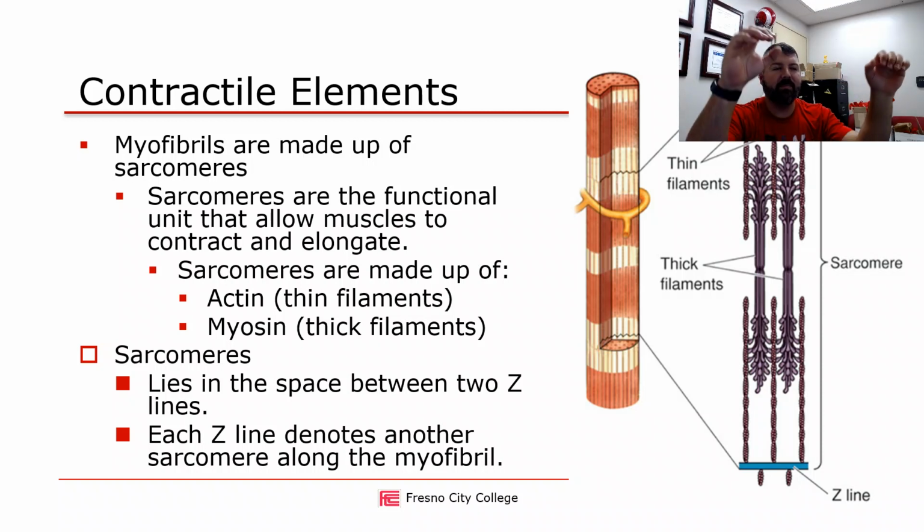As they pull, you see there's a tree on both sides here, so let's say they're both pulling from both sides. Now those Z lines on each side are going to get closer together, resulting in that whole muscle fiber shortening, or that shortening of the muscle overall, and we see that contraction.